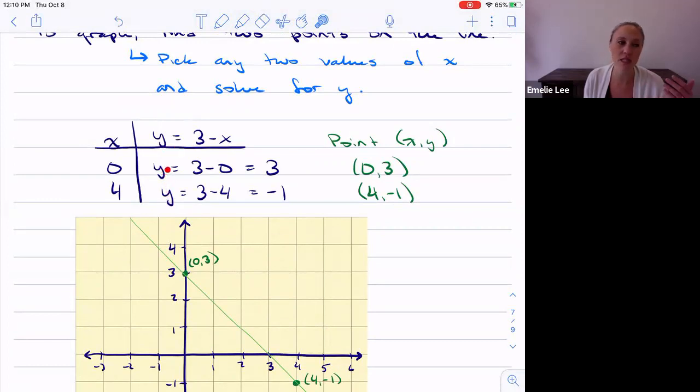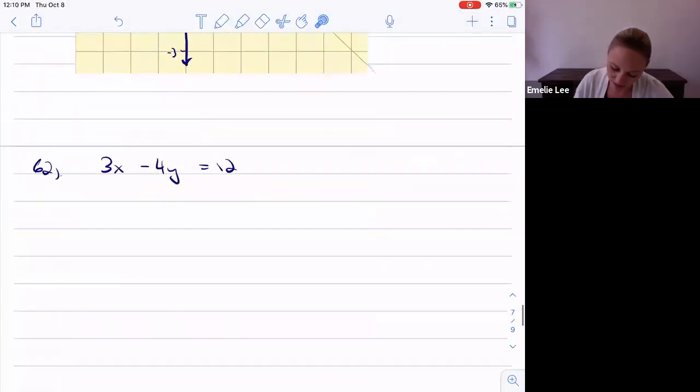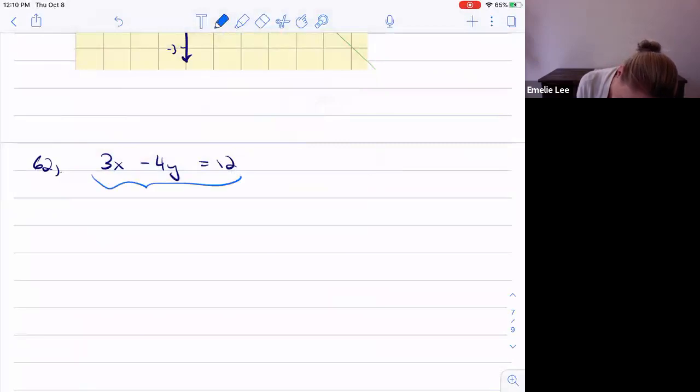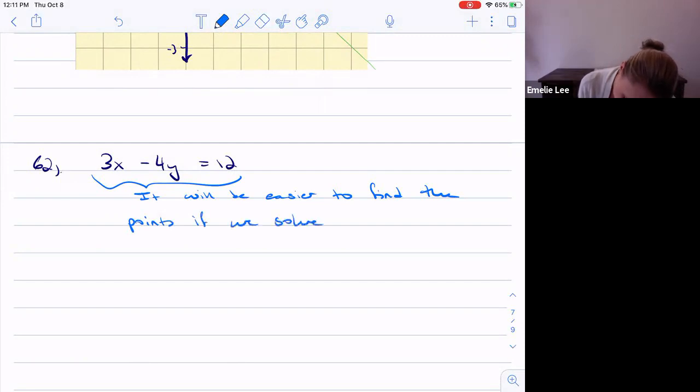So there's no sense in solving for y twice if you can just solve for it in general and then use it. It will be easier to find the points if we solve for y first.